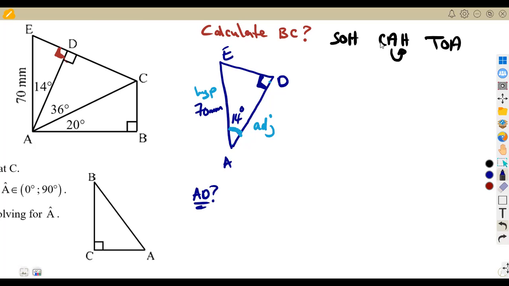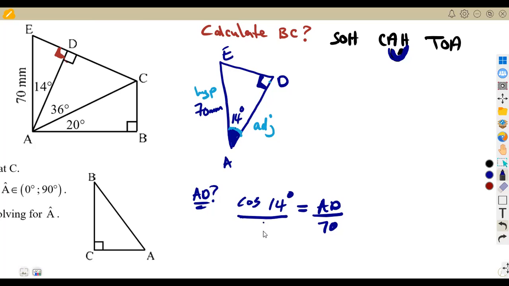According to the ratio of cos, the cosine of theta, which is the angle that we have, is equal to adjacent over hypotenuse. Our adjacent is AD, the side that we are supposed to calculate, over the hypotenuse, which is 70.